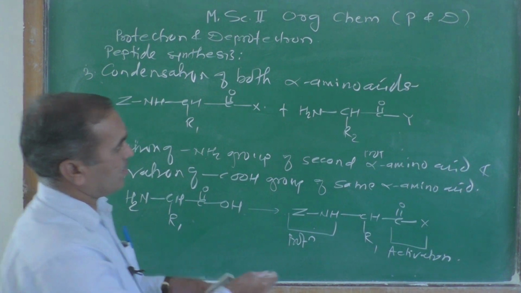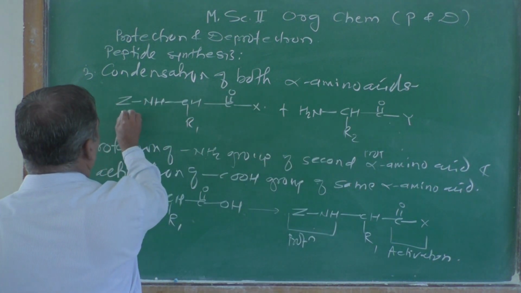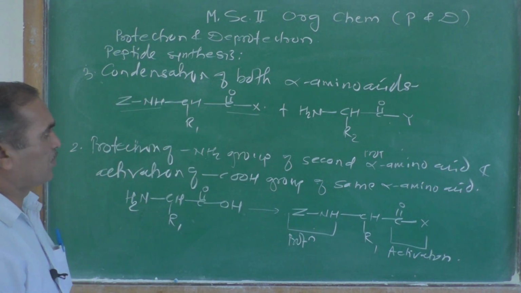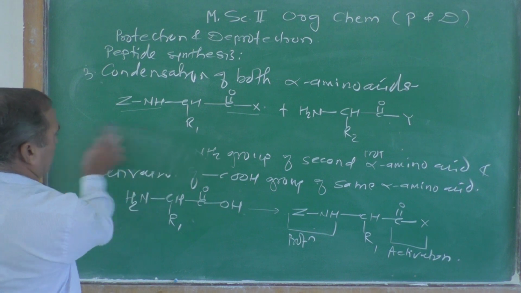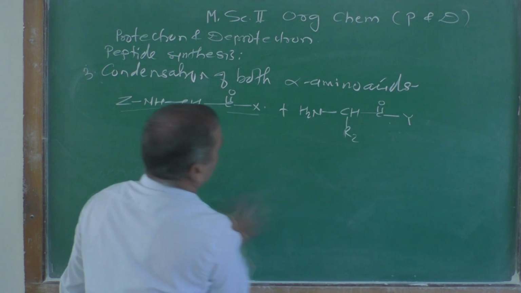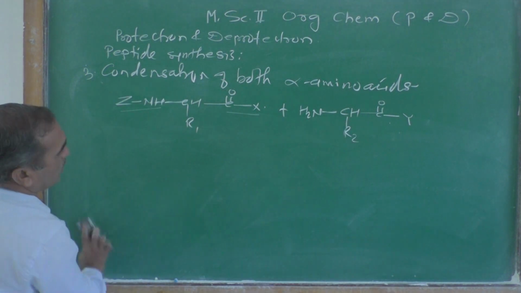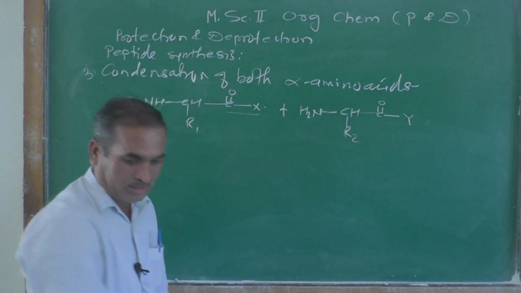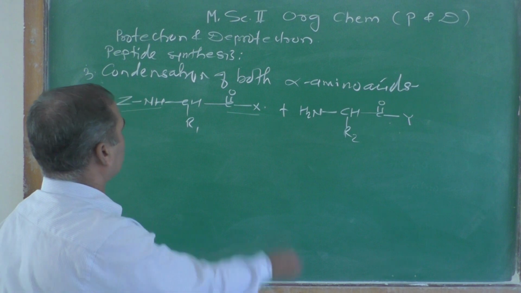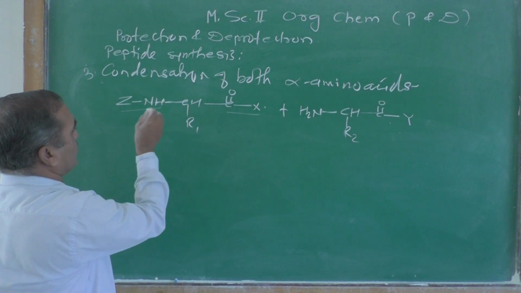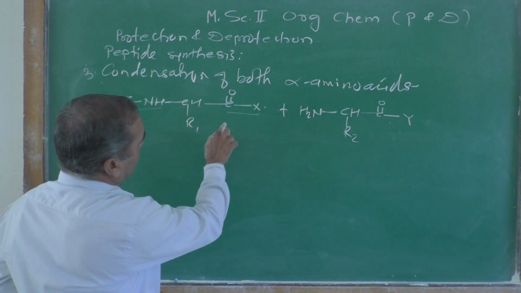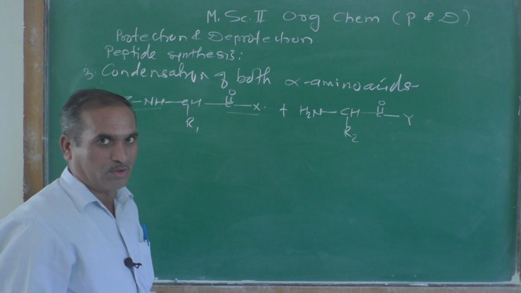Here the carboxylic group is protected, here the amino group is protected, and there is the activation of this carboxylic group. Now let us see what is going to happen. The condensation reaction is carried out, and we will get the desired product. One of the alpha amino acids, we protected the NH2 group and activated the carboxylic group.